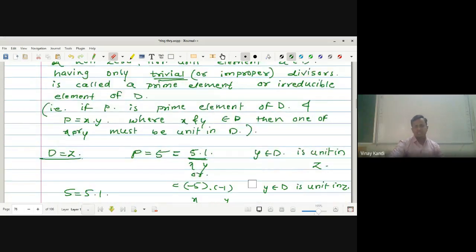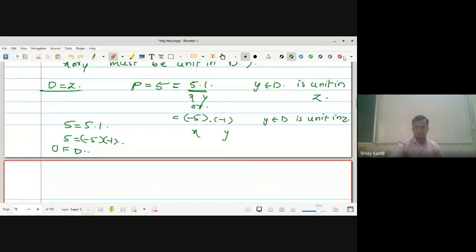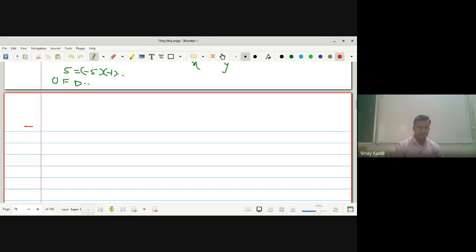Now the next definition is reducible or composite element. What is the definition of a reducible element?